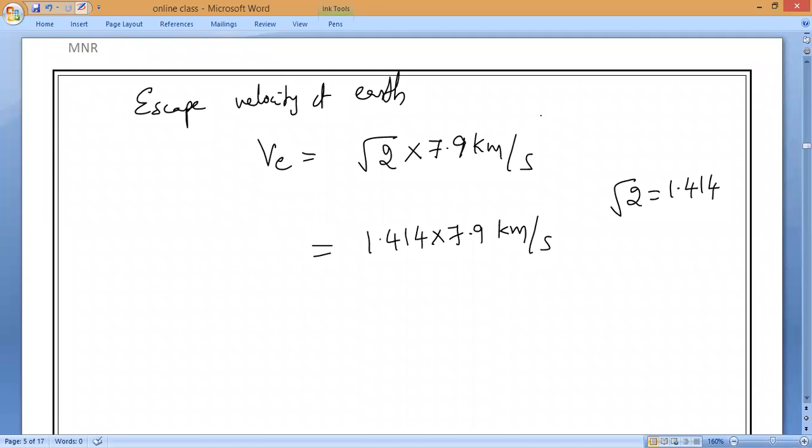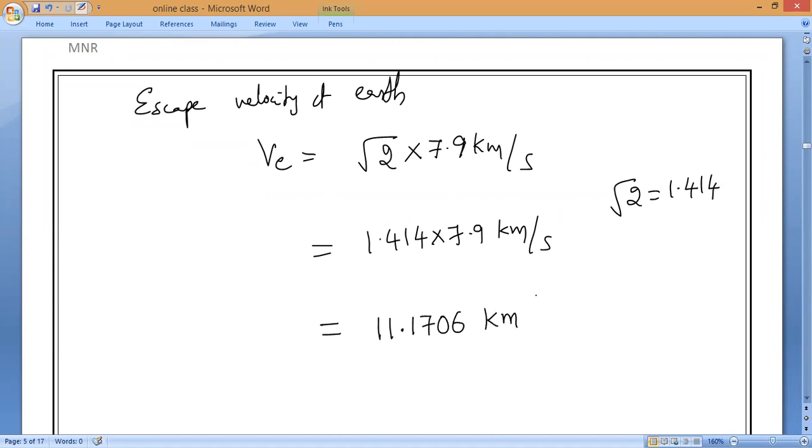Have you understood? 1.414 into 7.9, how much will come, Hari?